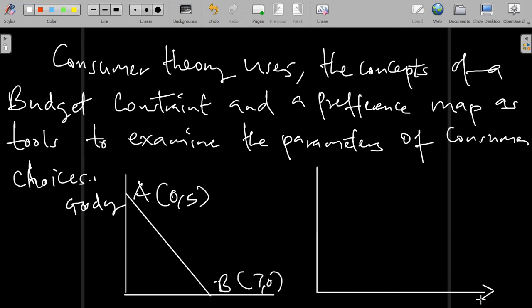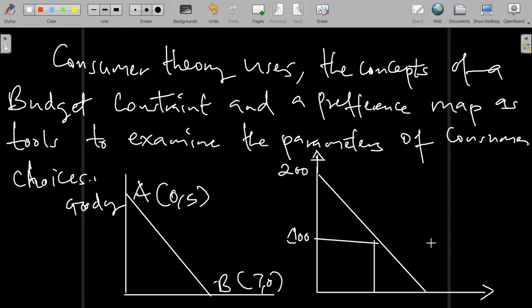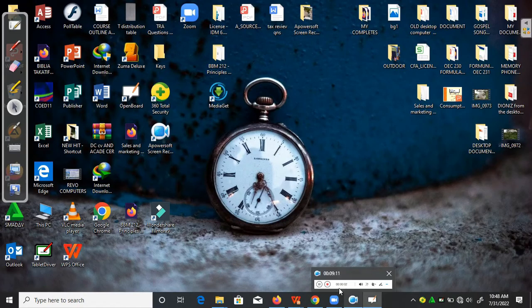A consumer can make purchases of 2 goods, maybe apple and orange, whereby we have 200 and 100 on the left-hand side. The line that cuts across the y-axis and the x-axis is the budget constraint, as you can observe.